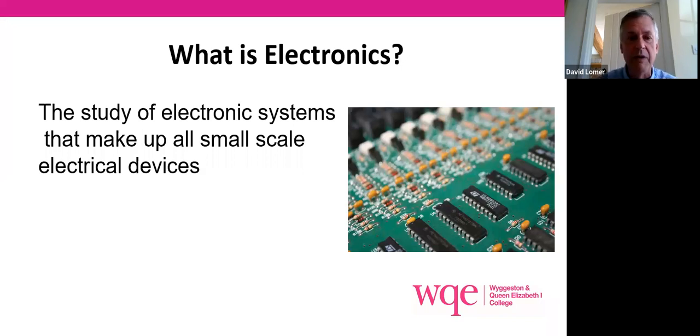The most obvious one is a smartphone, computers, but there's all sorts of everyday devices that have got electronics in them, washing machines, and the list is endless. So I'm sure you can think of many things there that you've got around the home that contain electronics. And what we do is teach you about the types of electronics in there and also teach you to design them as well.